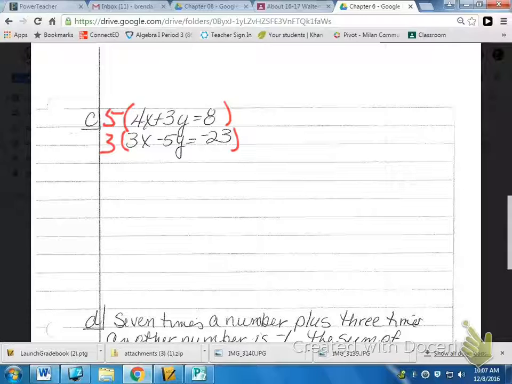Ben? Why couldn't you just multiply the top one by 10 and then the bottom one by 6? Oh, I could have. But why don't I go with 5 and 3? They're smaller numbers. Could you also do 4 and 3?